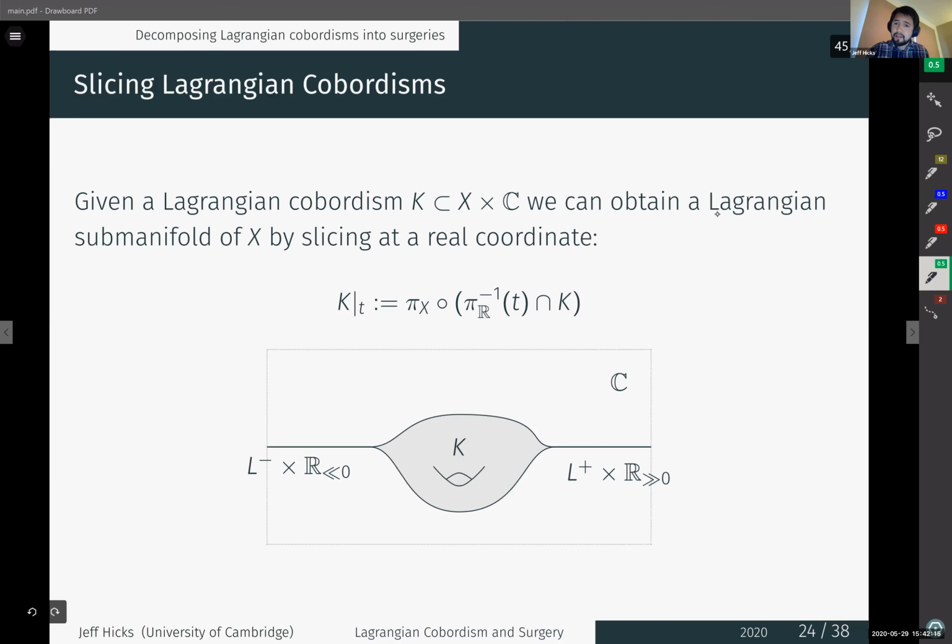And here I'm going to give a sketch of the proof. So the first thing that I need to define is the slice of a Lagrangian cobordism.